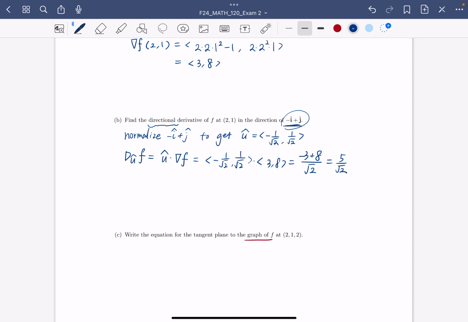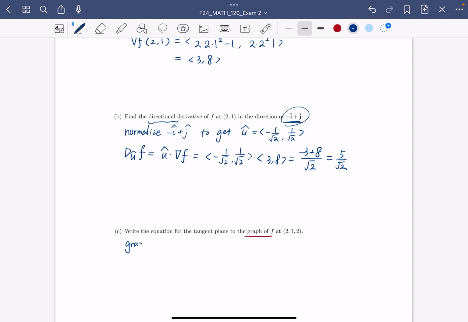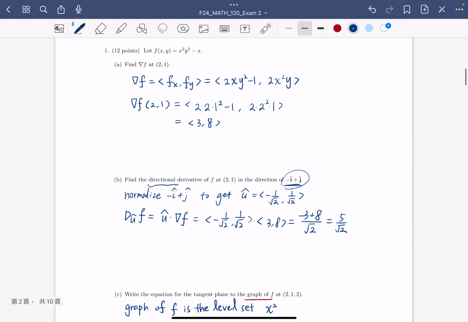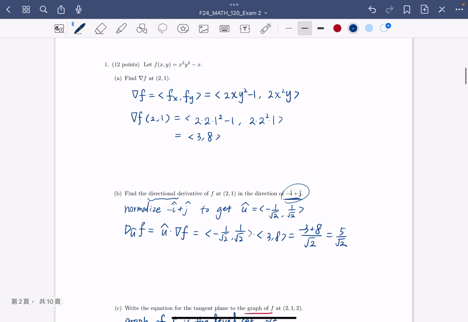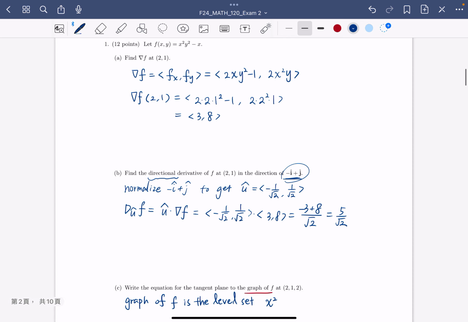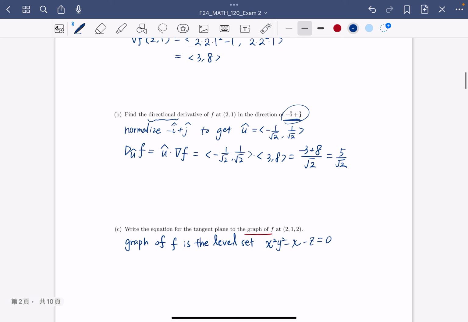The graph of f is a level set of x squared y squared minus x minus z equals 0, right?